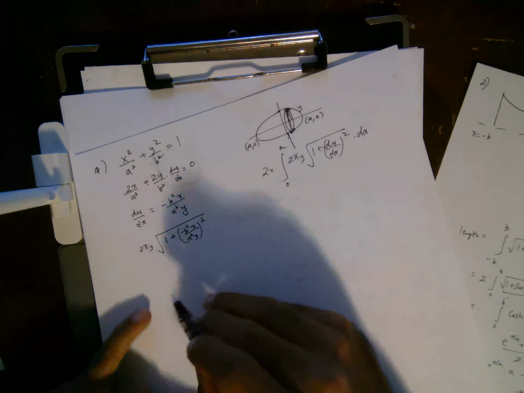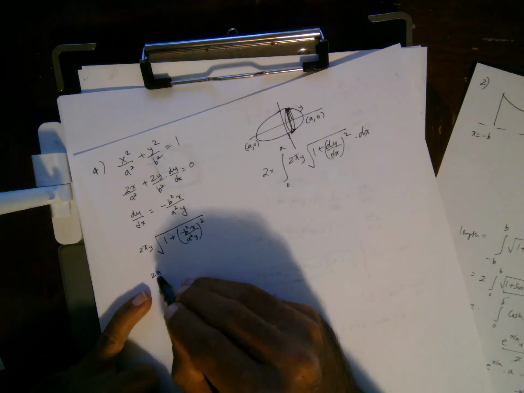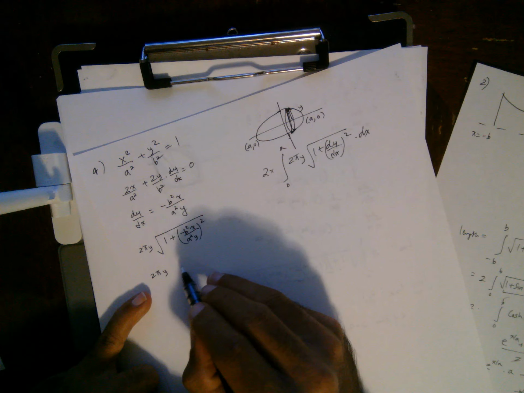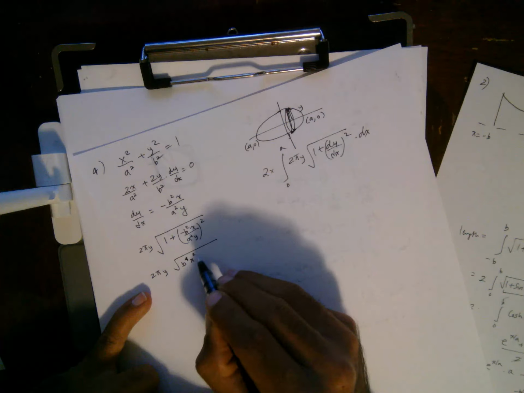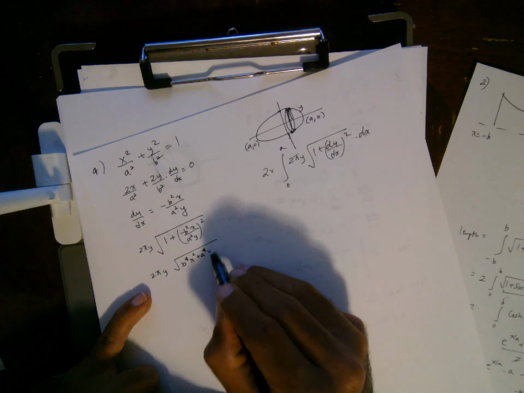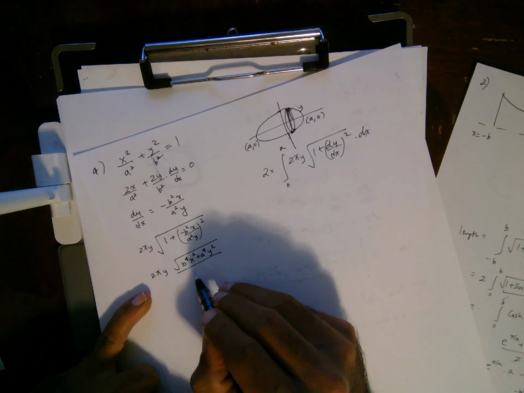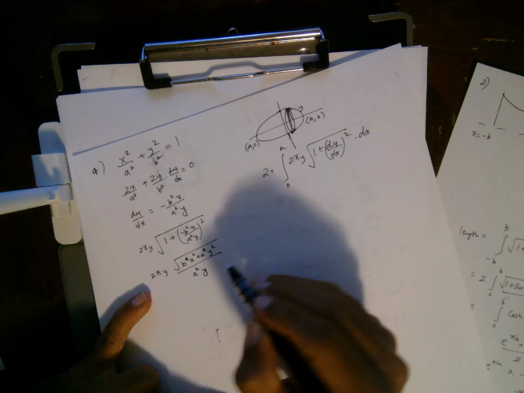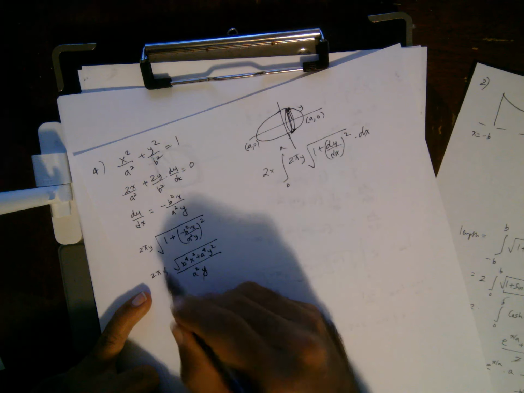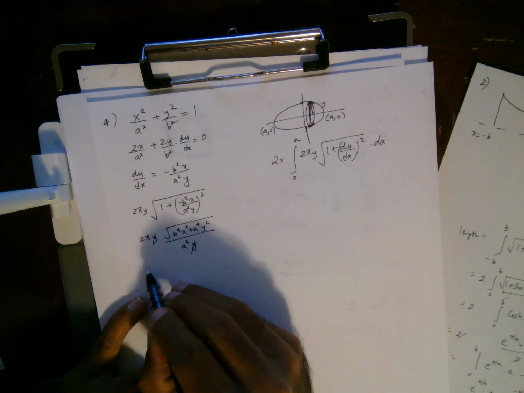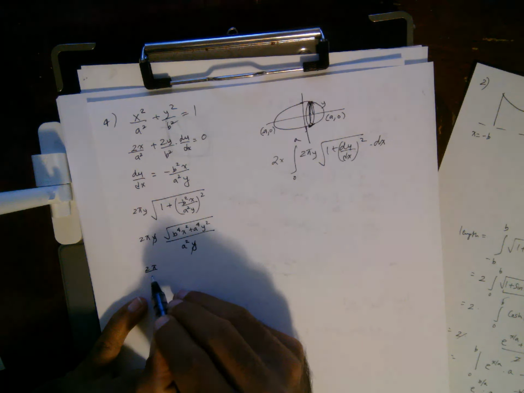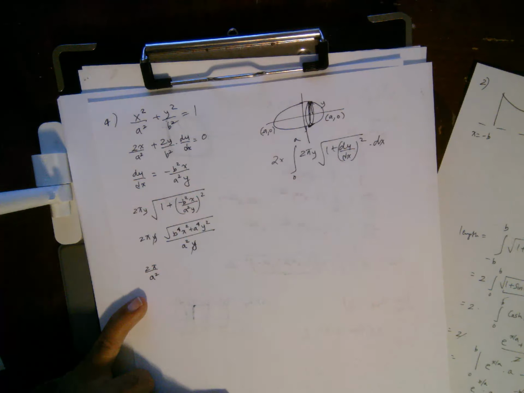Let's not throw in the integral yet. Let's see if we can simplify this. That becomes the square root of b to the 4 x squared plus a to the 4 y squared over a squared y. So that's good. One of the y terms cancels out. This is 2 pi over a squared.